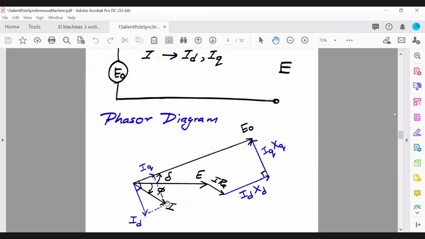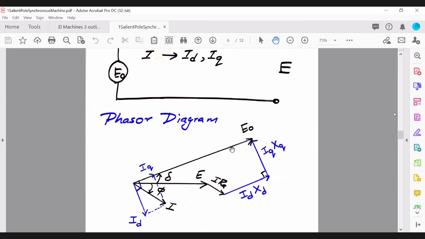So now how we get those two phasors is from this, we resolve this current here, right? So we will resolve the current I. So I_Q will act along the induced voltage, and I_D is perpendicular to I_Q. Okay, so when you're drawing these phasors now, you will find that I_D X_D will be parallel to this phasor, which is the induced voltage, right?